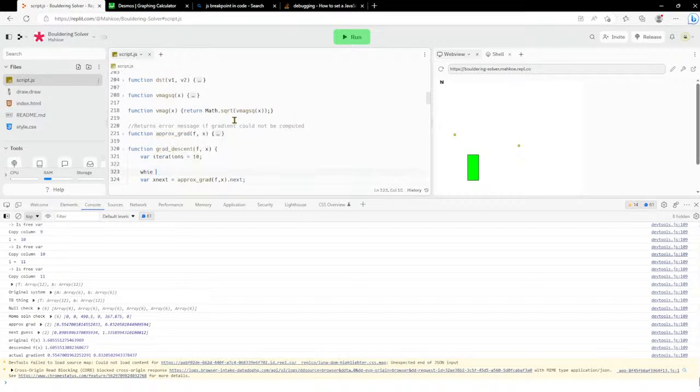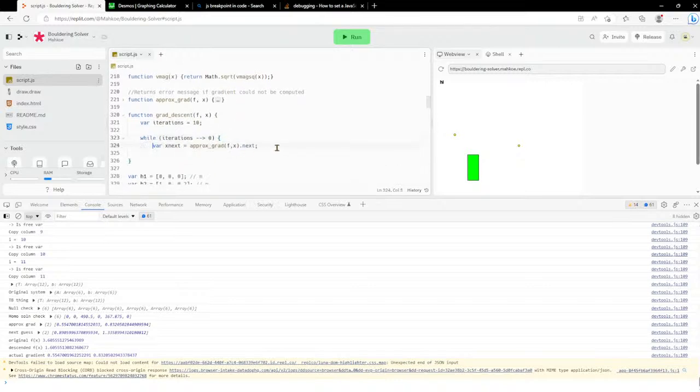So while iterations is greater than 0, do that. Calculate x next.